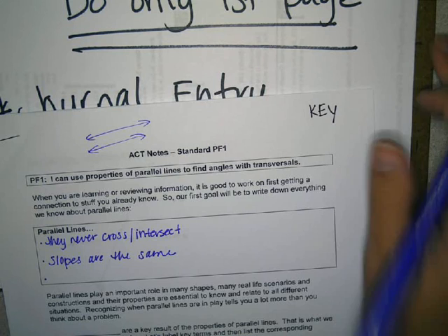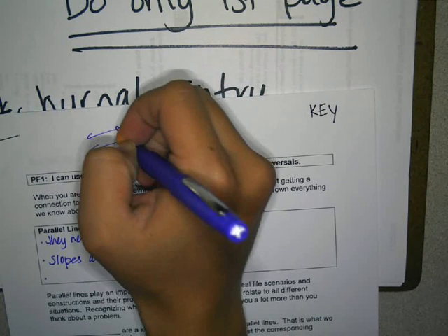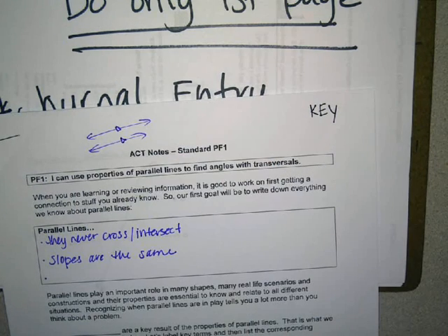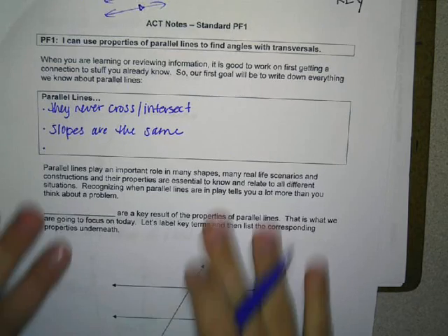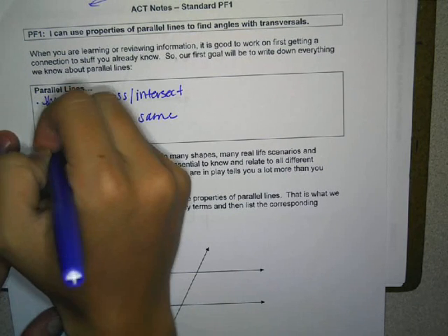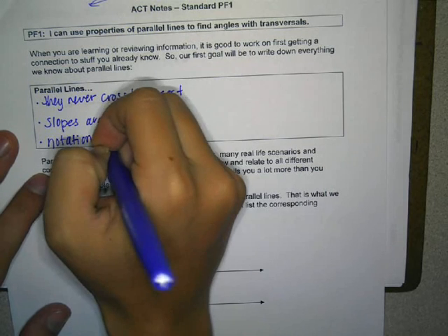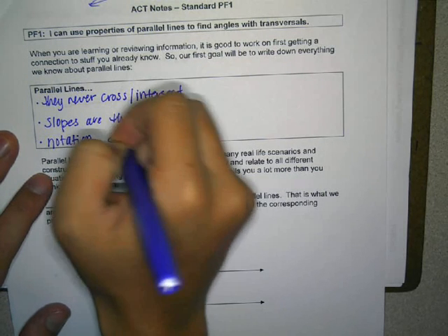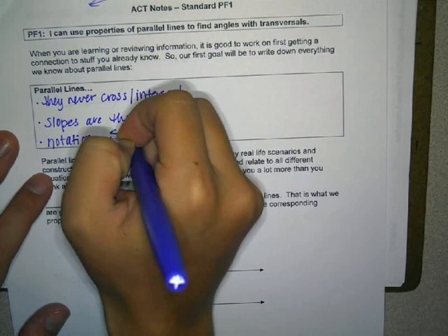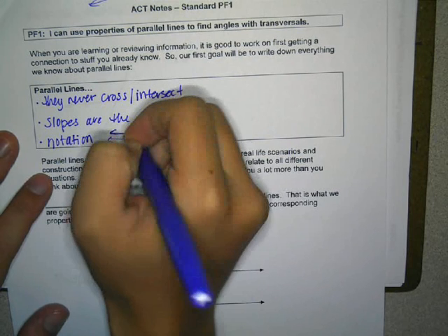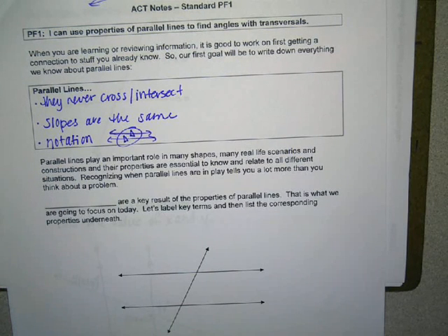Good. If it has a little dash, like a little arrow, that's how you know that those are parallel. That's like little notation stuff that you would need to be looking for. So, notation. I'm just going to circle them. But those little arrows or marks would have to be there.